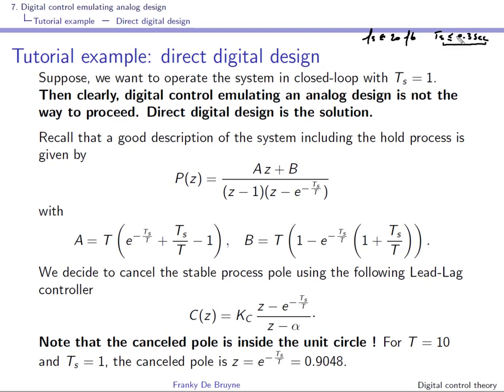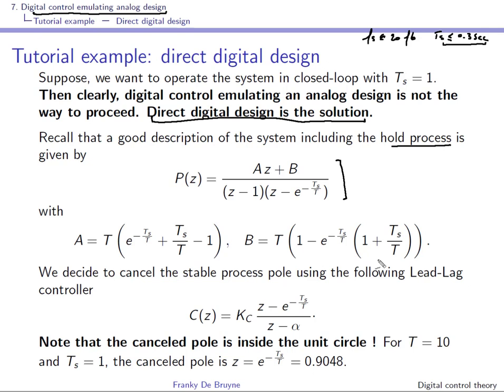If Ts is above that value, then clearly we should abandon the idea of using digital control emulating analog design, and what we should do is direct digital design. For that we need a description that includes the hold process. So here is zero order hold, and this is the description that we had obtained previously.